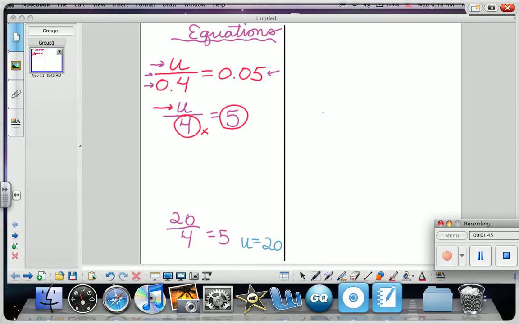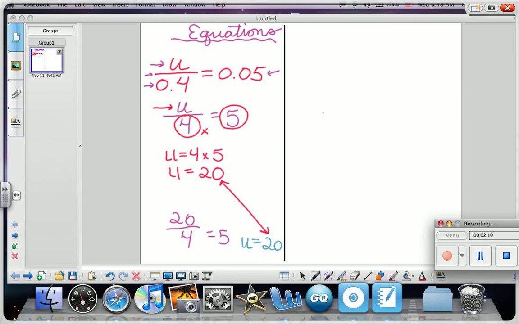So I'm saying that U will equal 4 times 5. U equals 20. And right there, those two numbers match up. So in case you're not good on your math facts, here's a little hint for you.